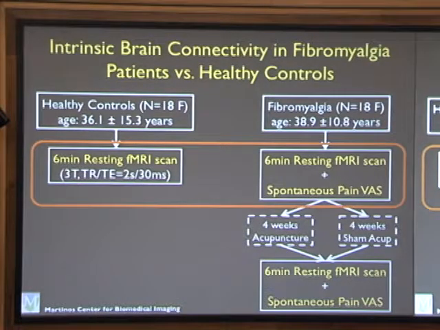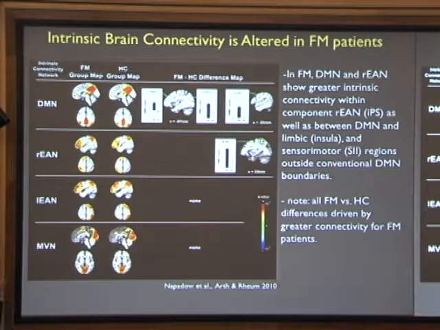And the first thing I want to show you is a comparison between groups of fibromyalgia patients at baseline versus the healthy adults. In this study, what we found is that the default mode network has greater connectivity to parts of the brain that are known to respond to evoked pain, and also are known to underlie hyperalgesia in fibromyalgia patients.